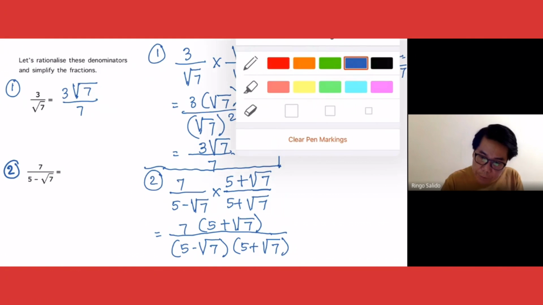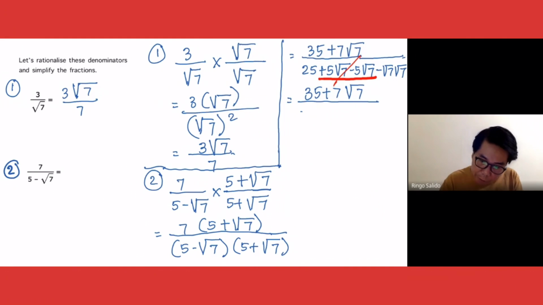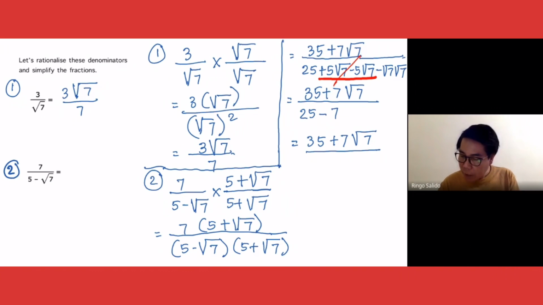Now, we have 25 minus root of 7 squared is equal to 7. So we have 35 plus 7 times root of 7 over 25 minus 7 is 18.